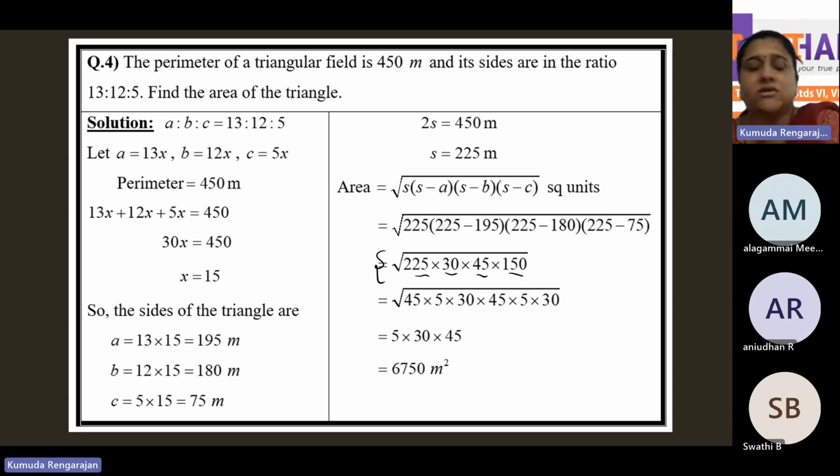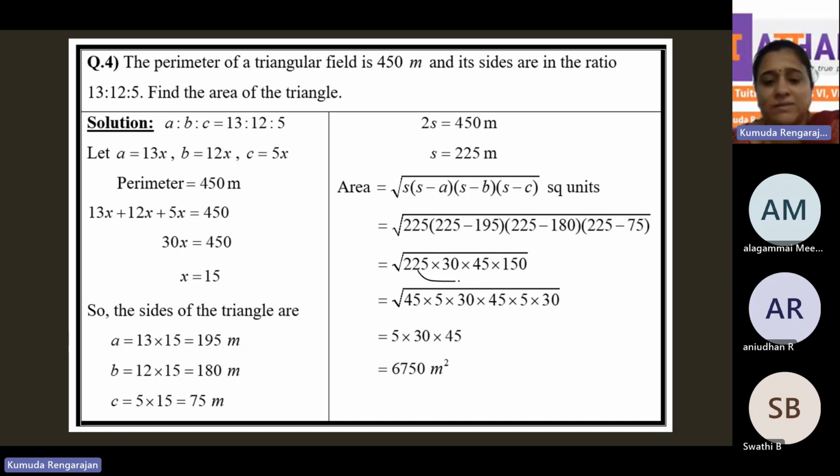You need to write them as a product of some two numbers, so that it's convenient for you to make pairs of equal factors and bring one of it outside. That's all. Now see here, this is 225, 30, 45, and 150. I have written 225. I know that 225 is a multiple of 45. Children, please listen to me.